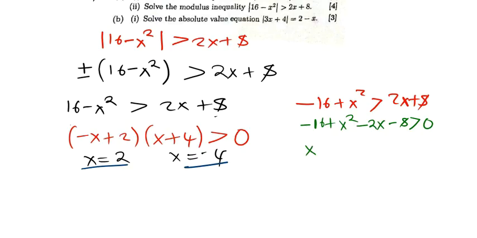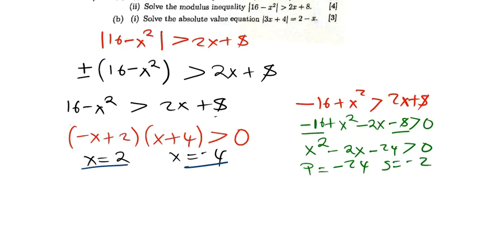We end up with x squared minus 2x. Negative 16 minus 8 gives us minus 24. That's greater than 0. Equally, there we can try to factorize. The product is minus 24. The sum is minus 2.